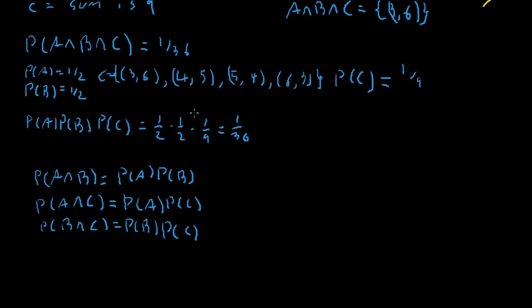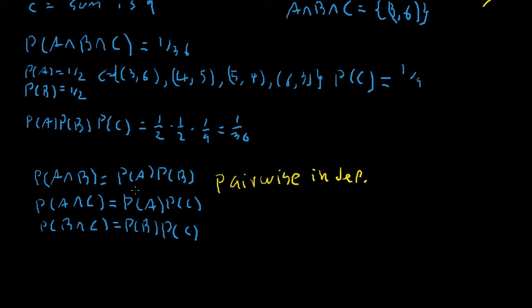So we need all four of these conditions. These three are called pairwise independence. And then I guess triple independence. I don't remember the term for this. So you need all of these.